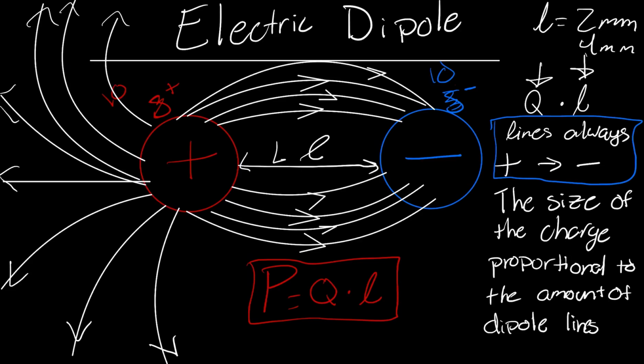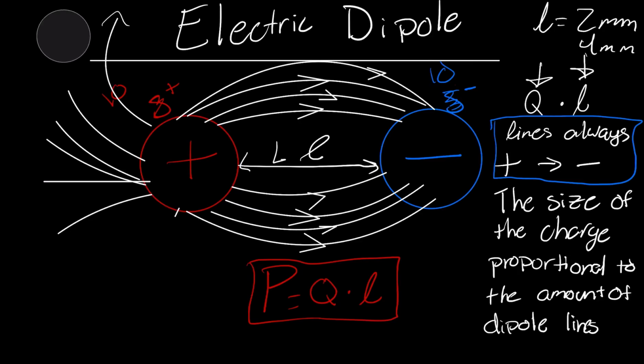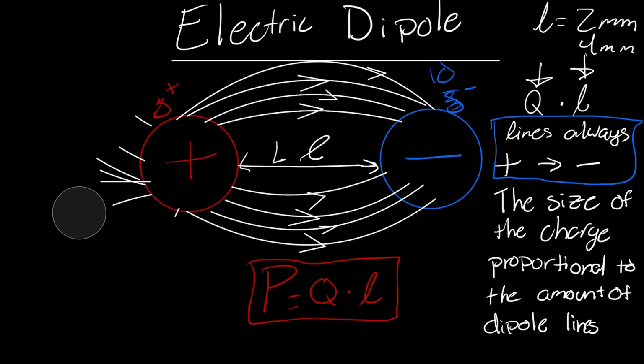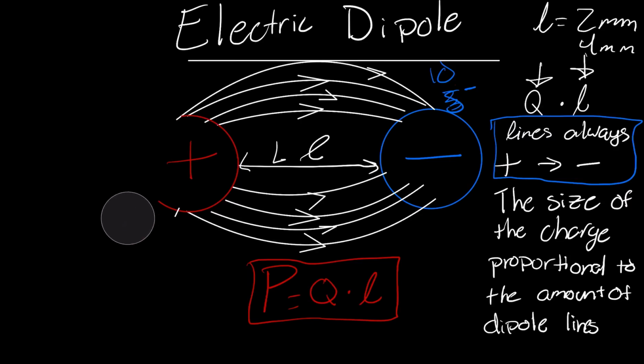Let's go ahead and do a little bit of an example. Let me make a little bit of space and erase these lines just a little bit. We already have an idea of what it looks like.